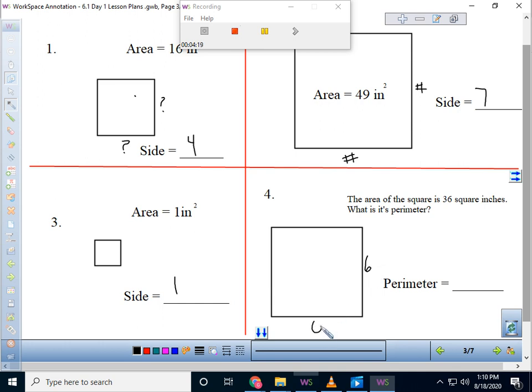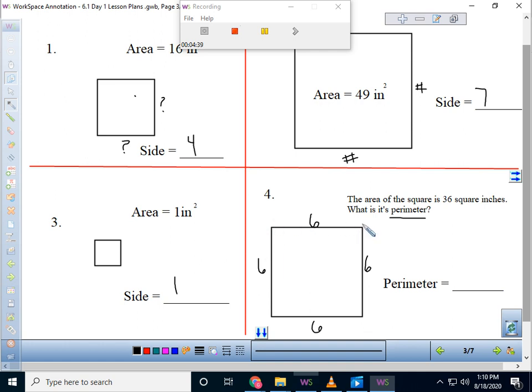Now, this problem's a little more advanced because it wants us to find the perimeter. How do you find the perimeter? You just add up all the sides together. We know 2 of the sides, 6 and 6, and since it's a square, we know the other ones have to be 6 also. We're just going to add them up, because perimeter just means add all the sides up.